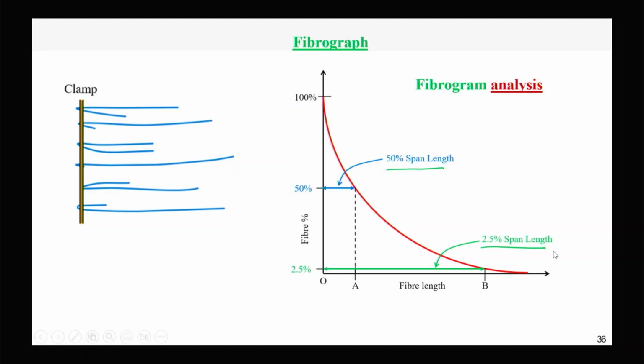Apart from this, we get many other parameters, and variability we can calculate. One parameter is uniformity ratio, which is the ratio of 50% span length by 2.5% span length, and we can also express it in terms of percent.